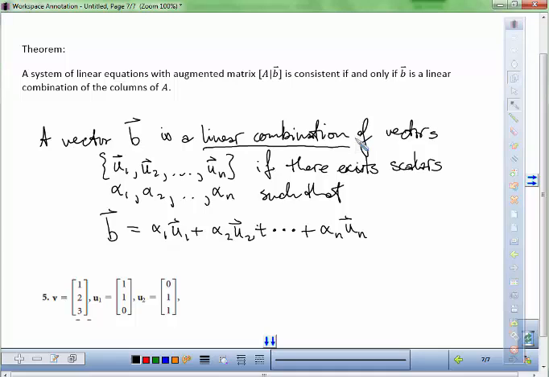Basically, if you can write the vector as some scalars times each of the other vectors that you're talking about, then it's a linear combination.